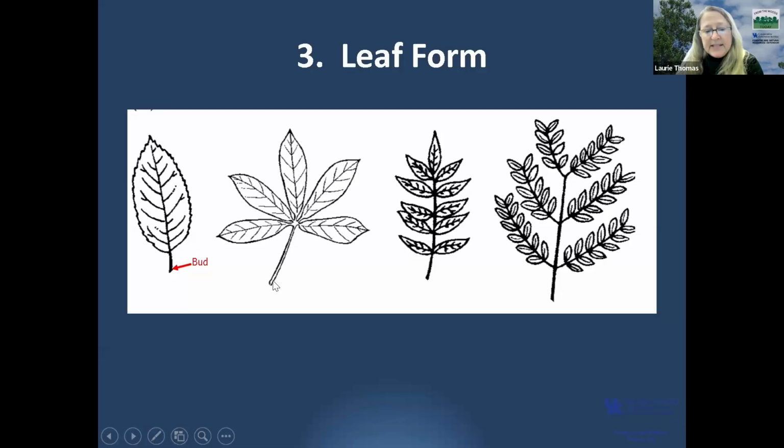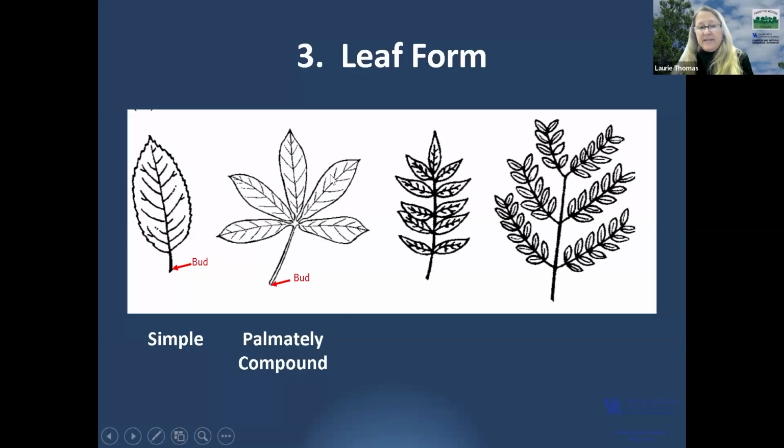So we move down this stem and we find that our bud is right there at the base of this. So we now have determined that we have a compound leaf. It's a palmately compound leaf, and it's made up of 5 different leaflets.